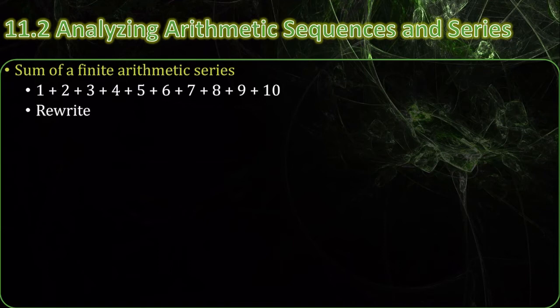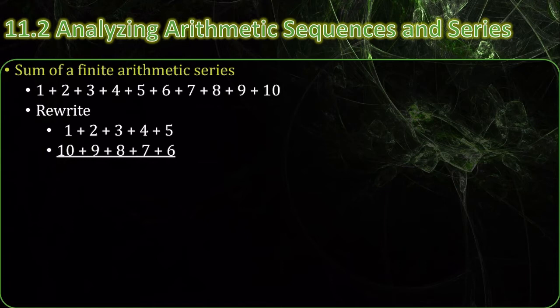We could rewrite it. Take your first half, and then flip the second half backwards under it, and add. 1 plus 10 is 11. 2 plus 9 is 11. 3 plus 8 is 11. 4 plus 7 is 11. 5 plus 6 is 11. Wow, we'll have 5 11s, which is 55.